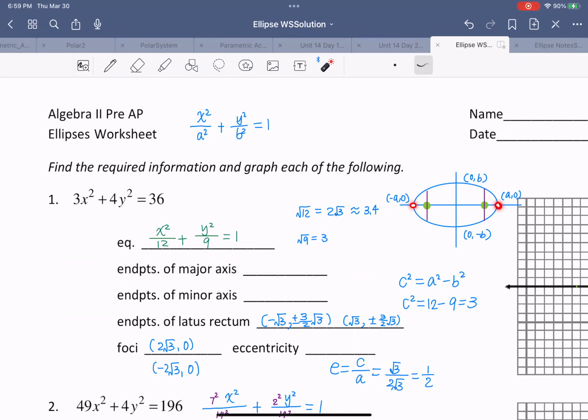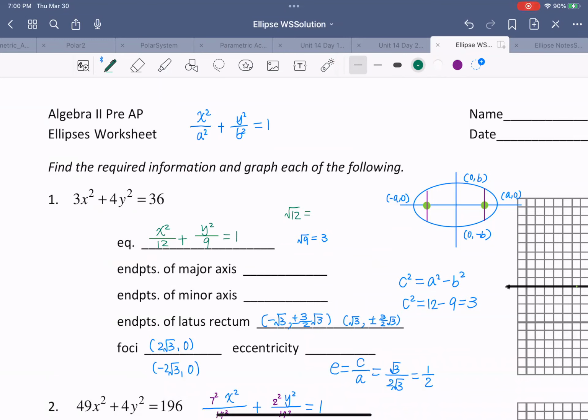Okay. How much is a? 12. This is a squared. So a is square root of 12. Square root of 12 is what? 12 is 4 times 3, so you take the 2 out, right?